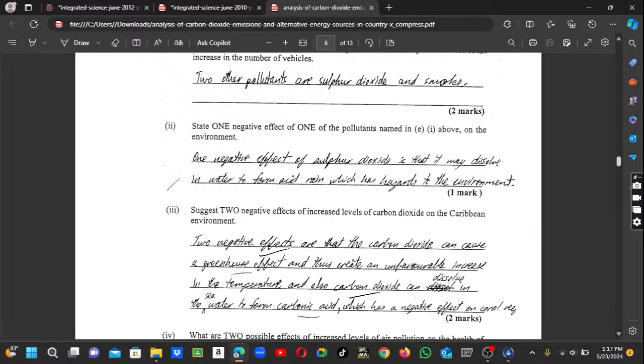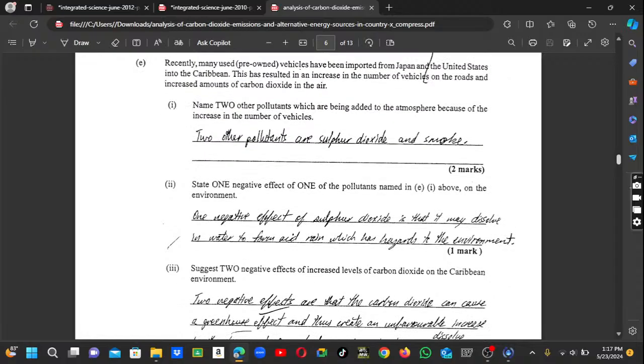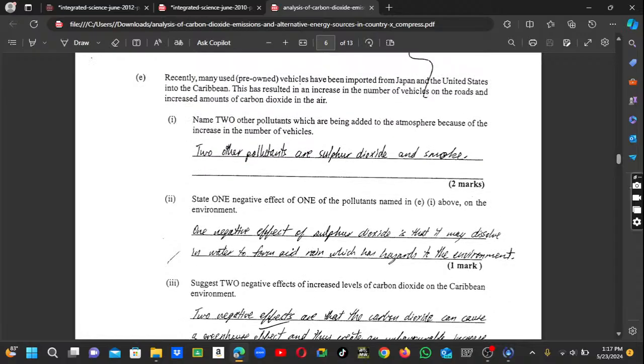All right, so you say one pollutant name. Guys, I'm just going to go through this one. We need to name two other pollutants being added to the atmosphere because of the increase in the number of vehicles. We know that two other pollutants are sulfur dioxide and smoke.